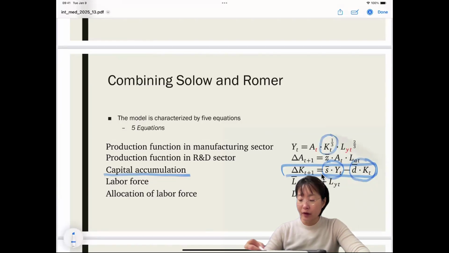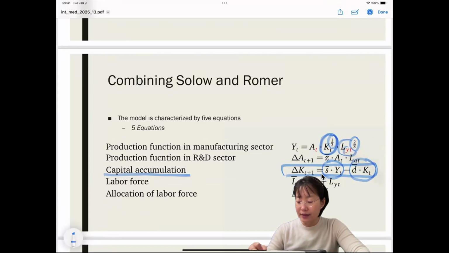Also, we have one more component in the production function of the manufacturing sector, or food production function. So we put the capital stock, like utensils for food production, and the exponent of capital stock would be 1/3 as it was in the Solow model, and the exponent for the labor in the manufacturing sector in particular.